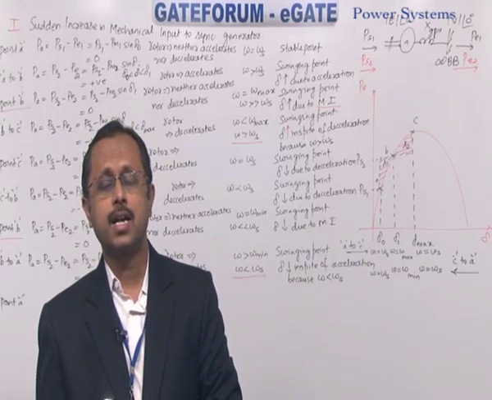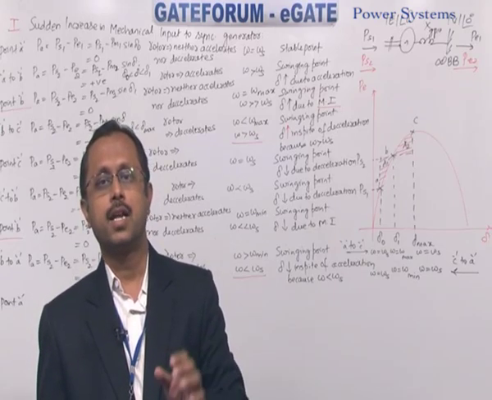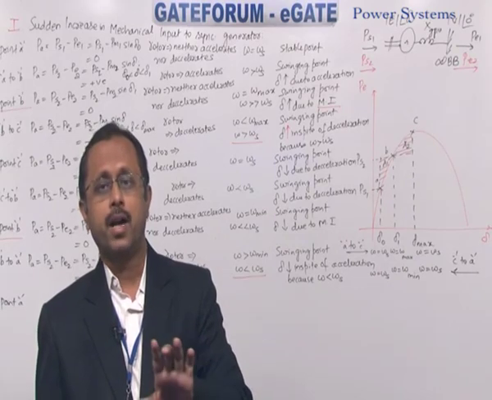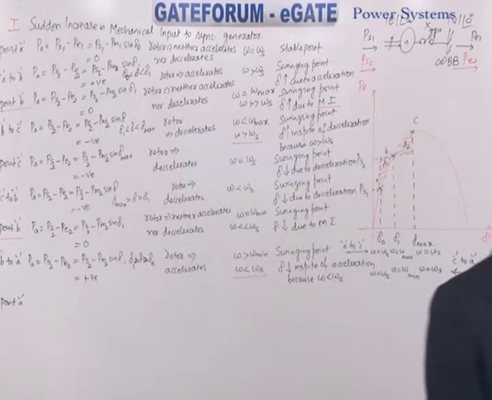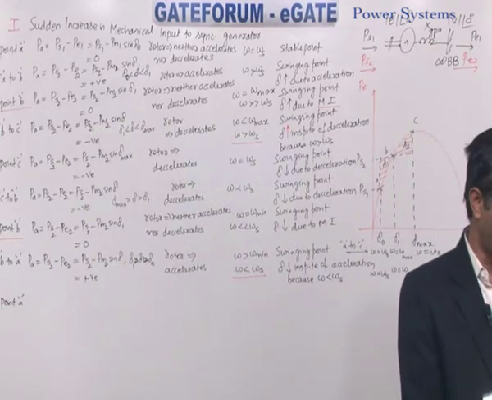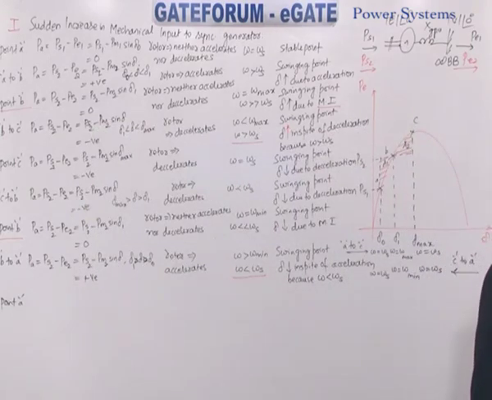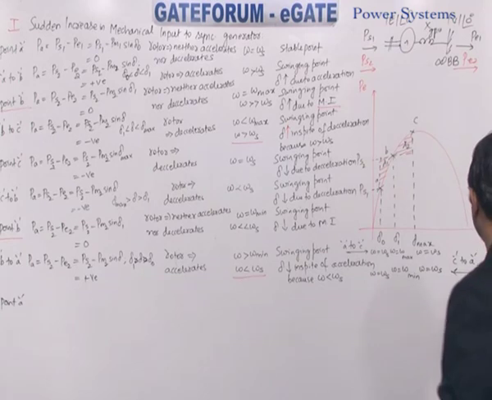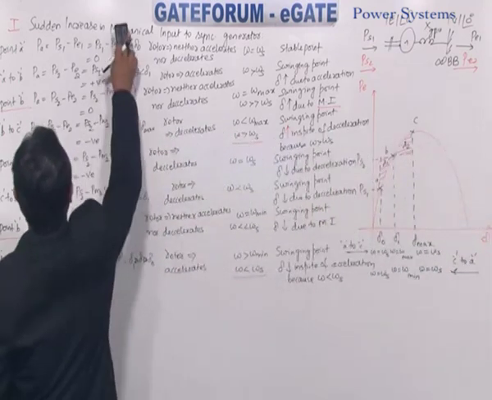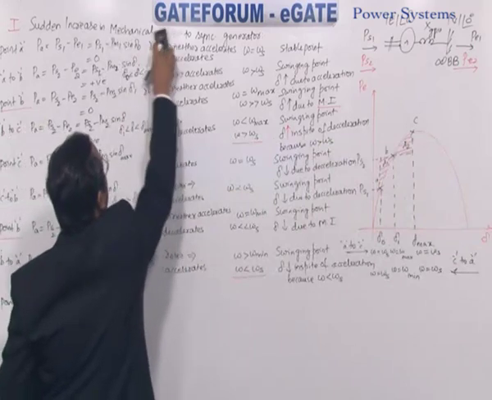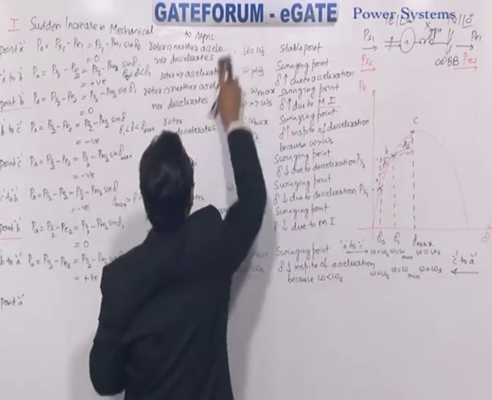So now we do the second application, sudden increase in the mechanical output of a synchronous motor. That is our second application, and it is a mirror image of the first application.